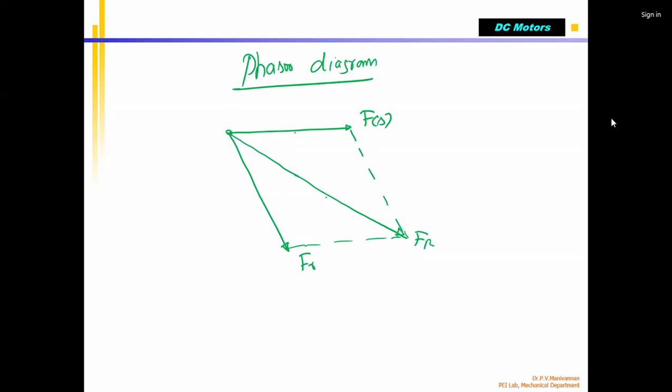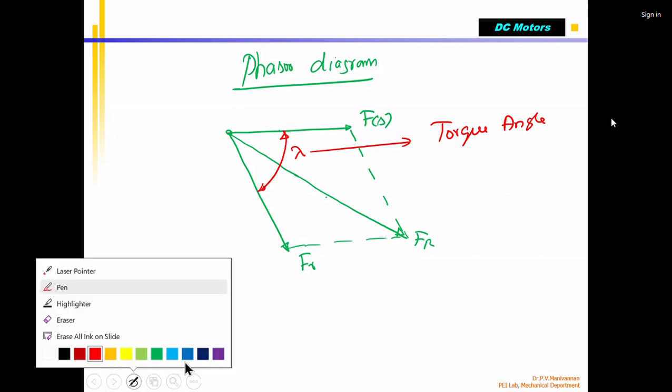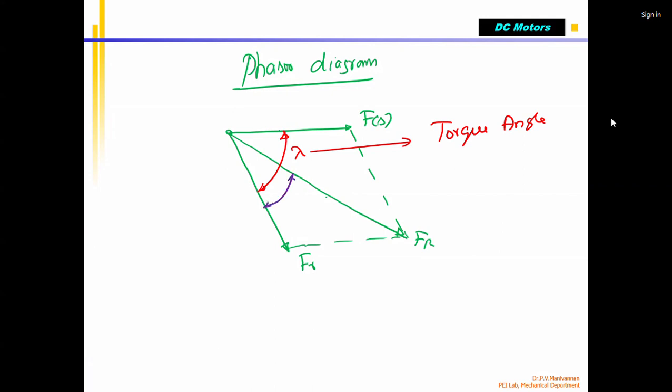And as I told you, this angle is lambda. Lambda is called the torque angle. Then the angle between this is called delta R. Similarly, this is called delta S. Correct? Both are called load angles.